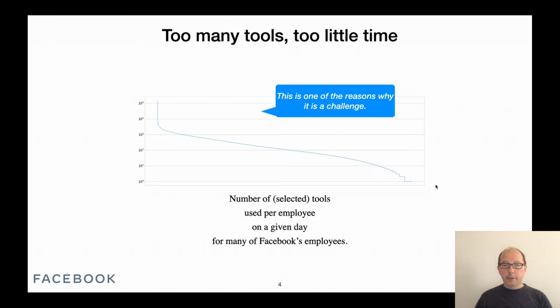And obviously this tail here is probably about people not working full-time on that day. But you see there's enough engineers who even end up using like 1,000 tools. So these tools come and go, they evolve, they are not integrated, they don't have perfect logging. So we don't easily know what of these tools in what situations imply work on what sort of work item.